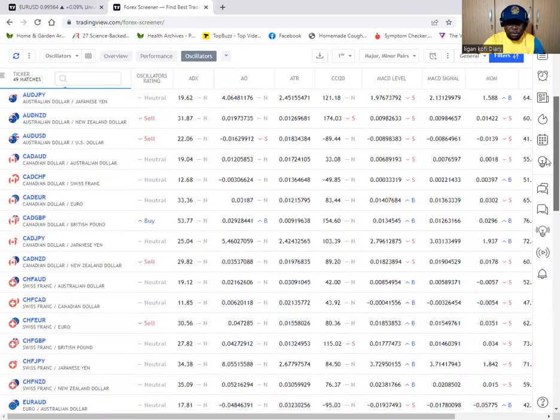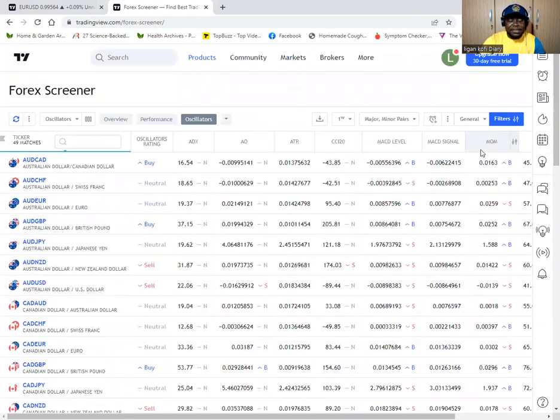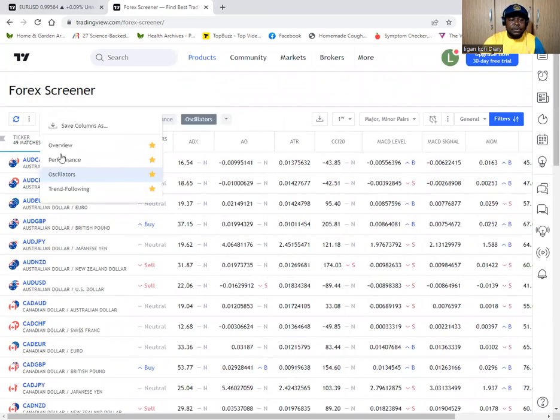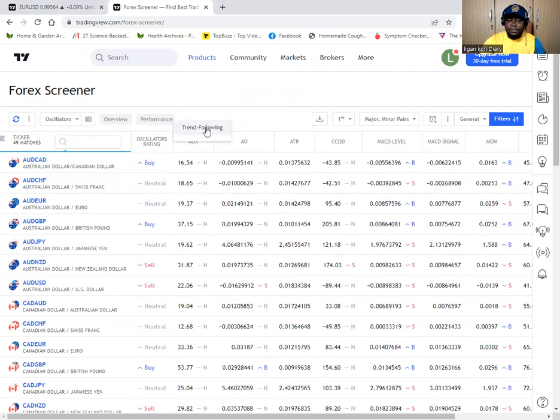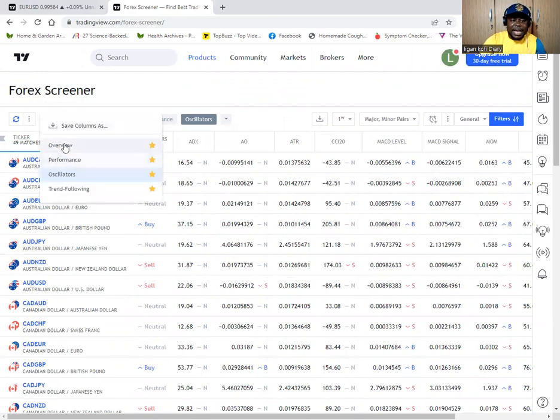And again, if you don't want the oscillators, but maybe you want to use the trend following, you come here and you see the trend following. Let me say this again: when you come here, they have the overview, the performance, the oscillator and the trend following.